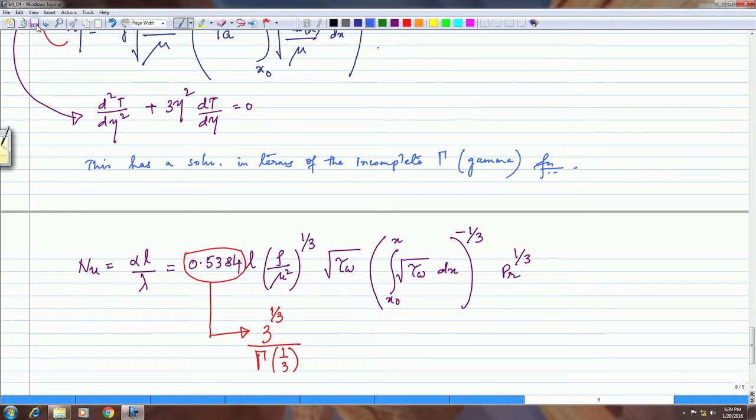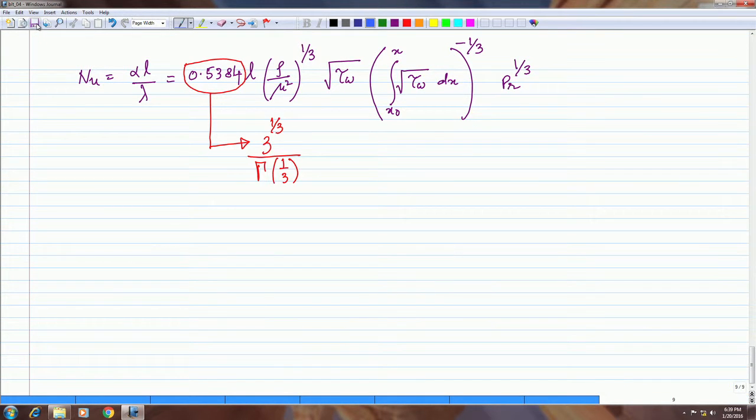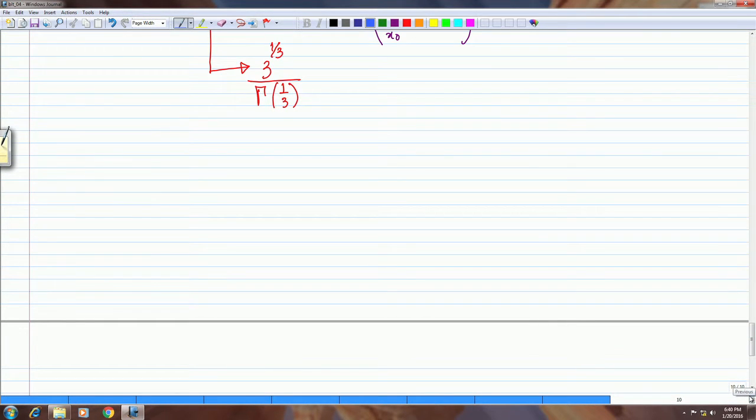Okay, so let me just tell you what exactly this gamma function is. I'll do this very briefly. The gamma function, gamma n, is nothing but n minus 1 factorial.